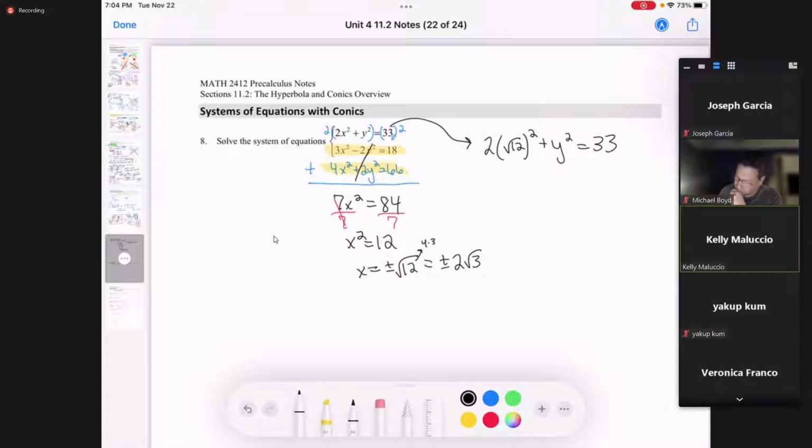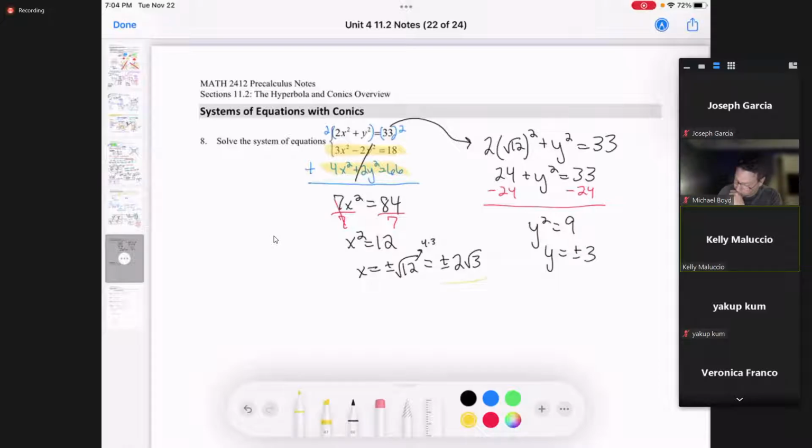So then this would be 2 times 12, which is 24. So 24 plus y squared equals 33. And we subtract 24 from both sides, right? And we get y squared is 9. So y equals plus or minus 3.